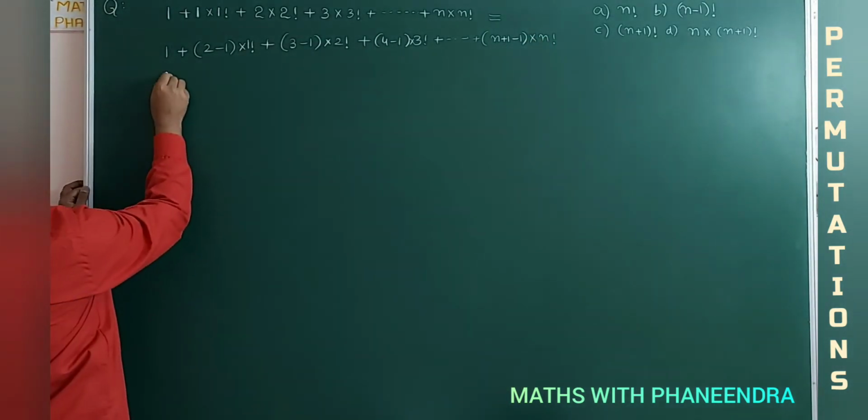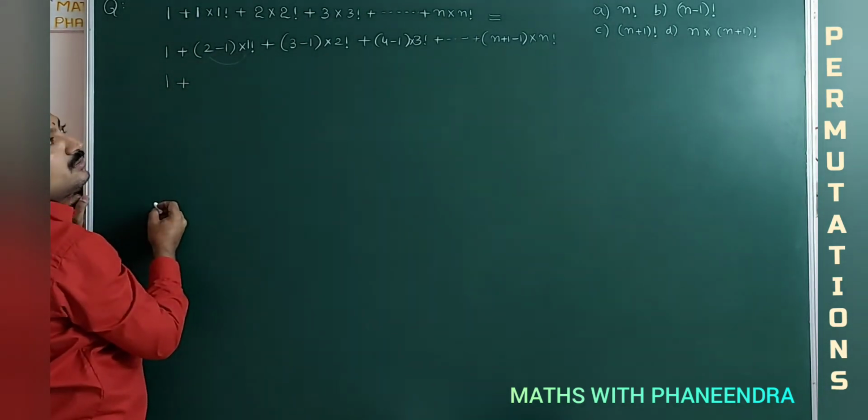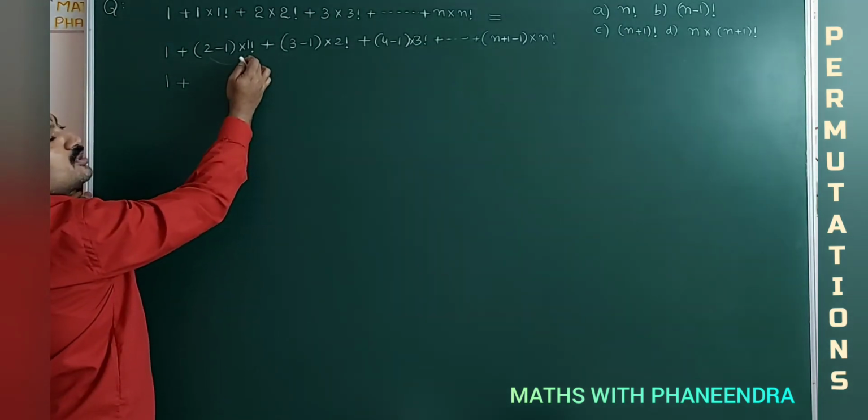After that, 1 plus 2 into 1 factorial. What is 1 factorial? It is 1.